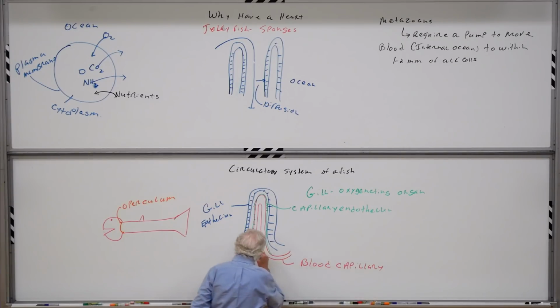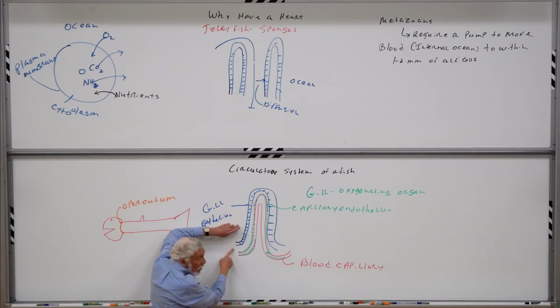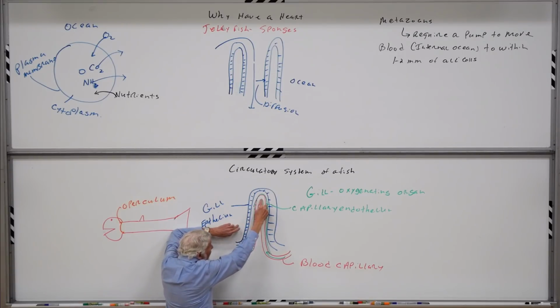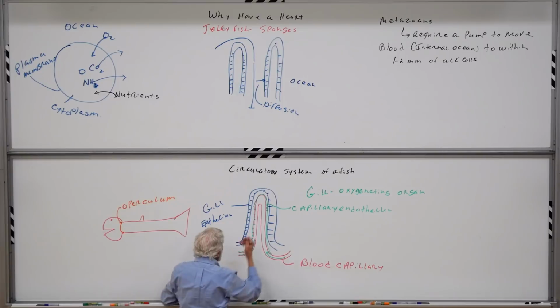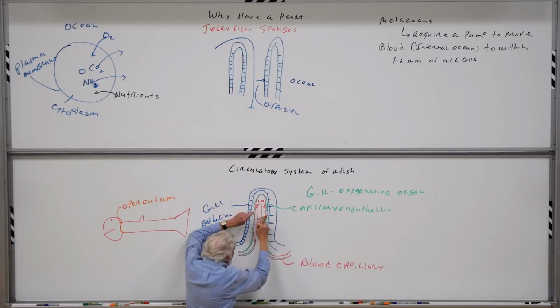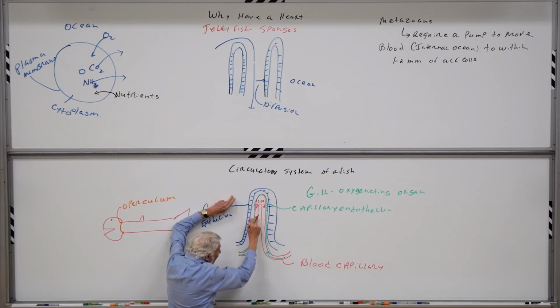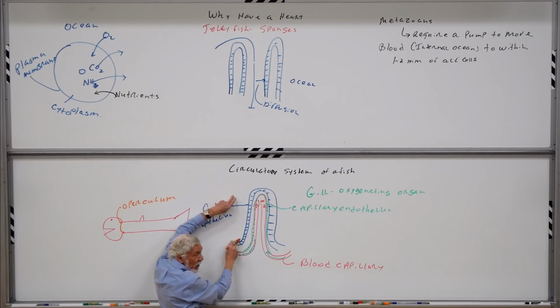Since we've split open this structure, we're going to see an endothelium on both sides. But as the blood flows through here, what I want you to recognize is that we're only two cell layers. The inside of this tube, where we have blood, is only separated from the outside world by the endothelial cell layer and the epithelial cell layer.